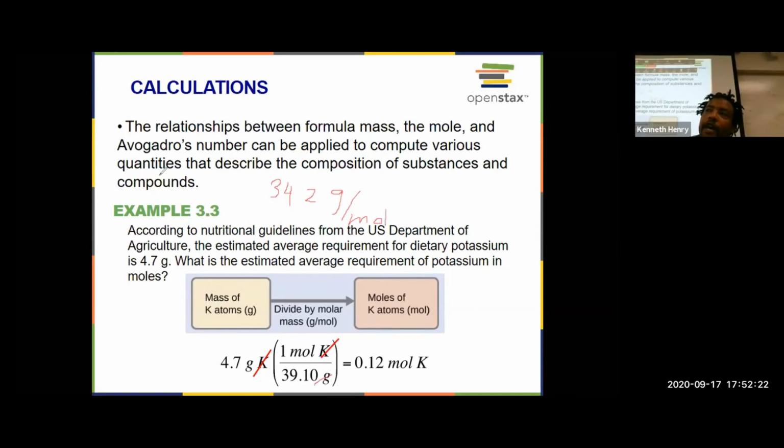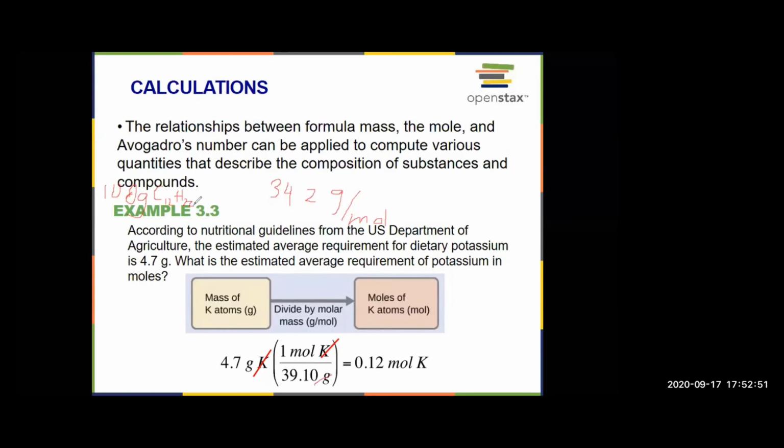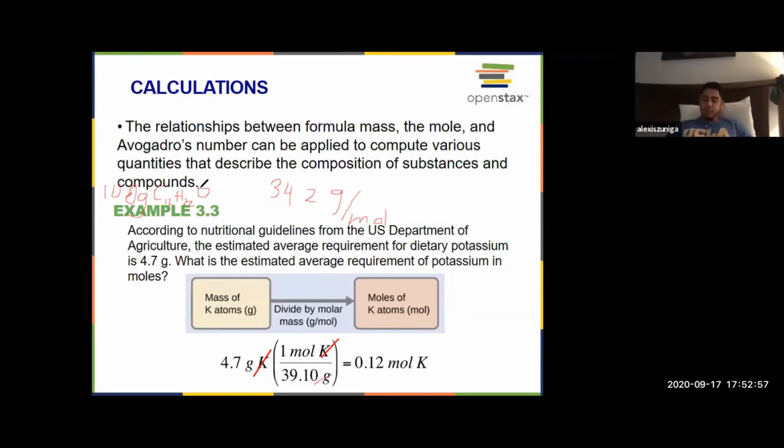So if I have 100 grams of sucrose, how many moles would that be? 0.3 moles. Okay, and how did you calculate that?